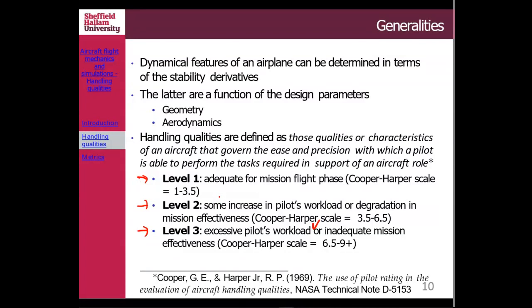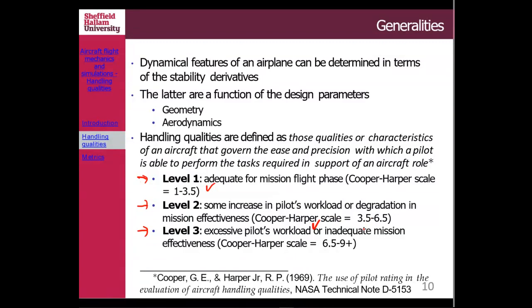Now you know that 8785C uses these levels 1 to 3. But later on, on the next slide, you will see that the Cooper Harper rating scale uses a scale from 1 to 10. But here you could address that a Cooper Harper scale from 1 to 3.5, you could consider as level 1.